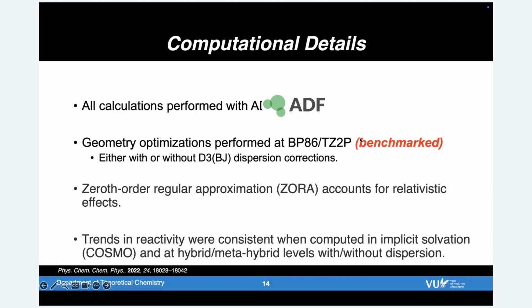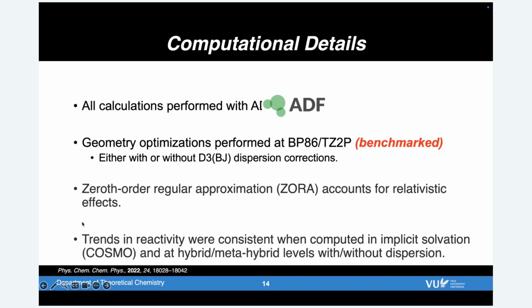And so we've taken care to benchmark this computational method, and we know it performs really well. And depending on the situation, we either do or do not include an explicit dispersion correction. So this would be the Grimme D3 with the Becke-Johnson damping function here. We use ZORA to account for relativistic effects.